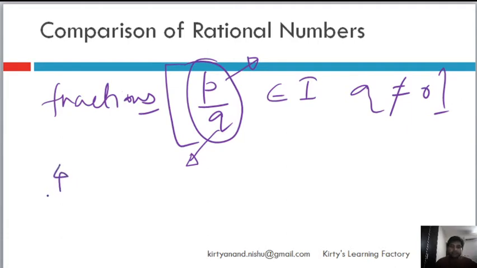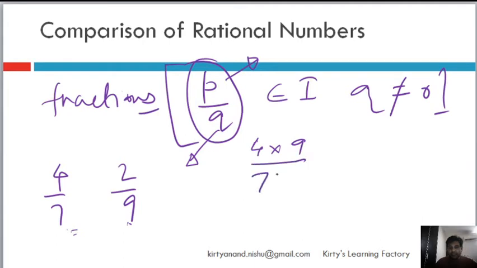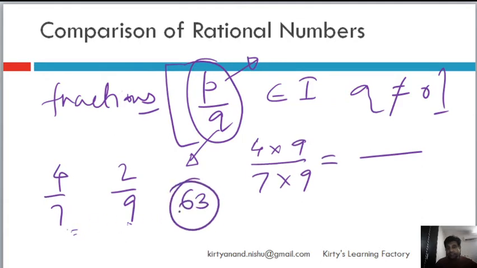Let's take an example, 4 by 7, 2 by 9. If I have to compare, I will take the LCM of the denominators, which in this case is 63, and then I will create equivalent fractions so that the denominators are the same and therefore the comparison is easier. So I will do 4 into 9 and 7 into 9. I multiply by 9 here because the LCM is 63, and 9 sevens are 63.